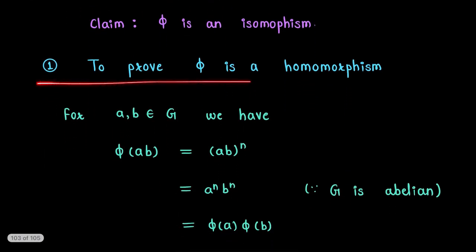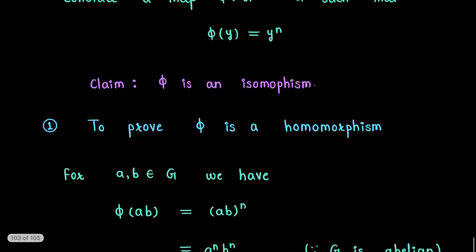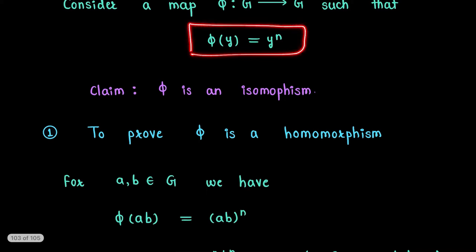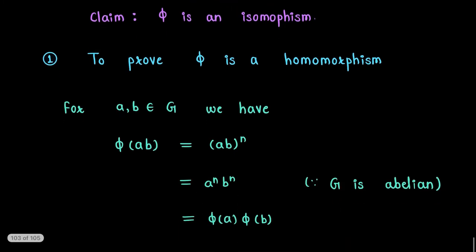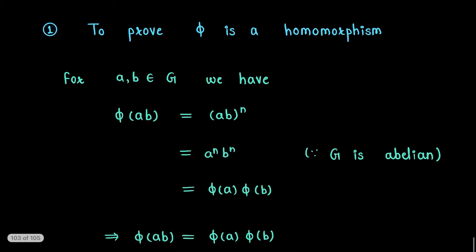To prove phi is a homomorphism, consider any two elements, say a and b in group G. Then we have phi of ab is equal to (ab) to the power n. This follows from the definition of phi. Now as our group G is an abelian group, (ab) to the power n will be equal to a to the power n times b to the power n.